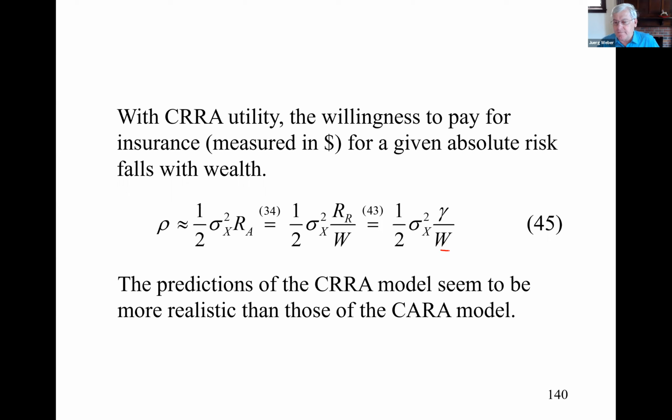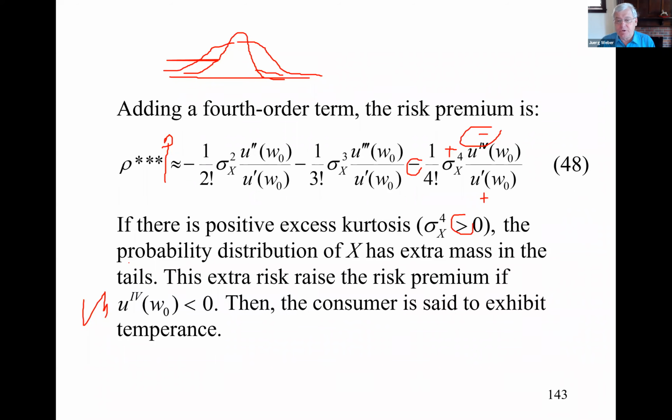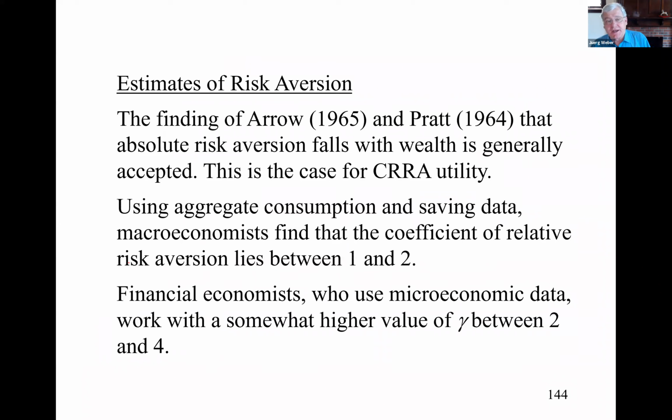Here wealth is down here. So when wealth increases, rho will fall. Now here it's in dollar terms, it's a rho, it's not a rho star. So that's generally accepted.